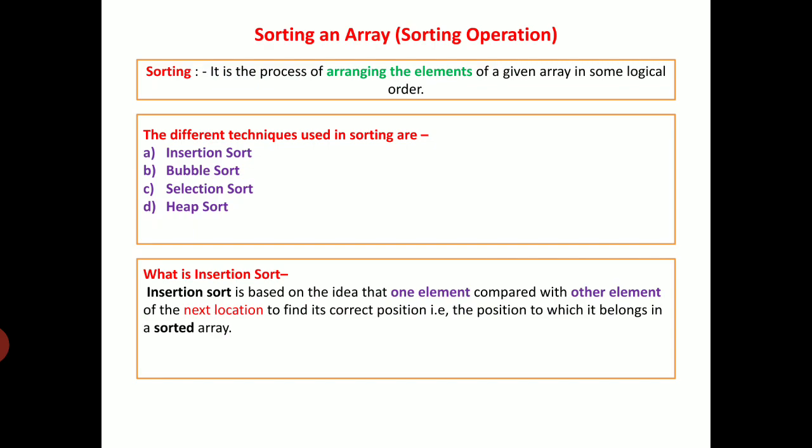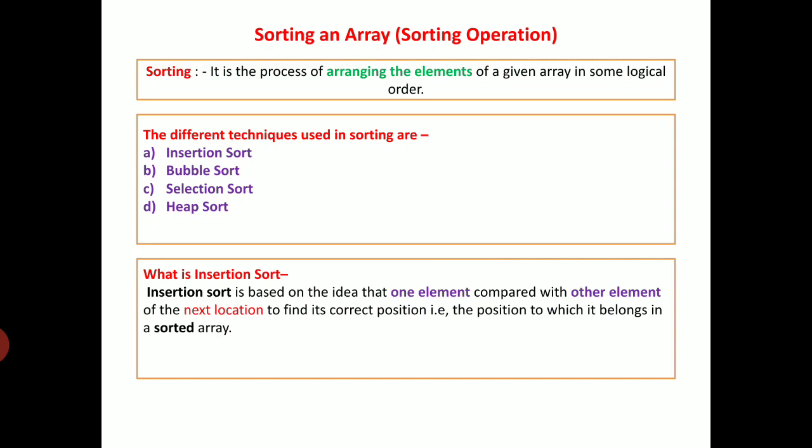Just by comparing, we will compare the first value of the array with the next location, and depending on whether we are going to arrange it in ascending order or in descending order, we will see the value and then arrange its position. This is what we follow in insertion sort.